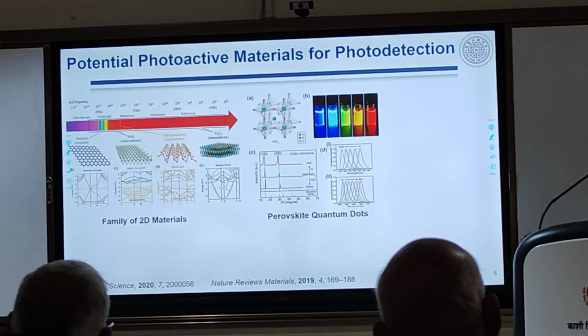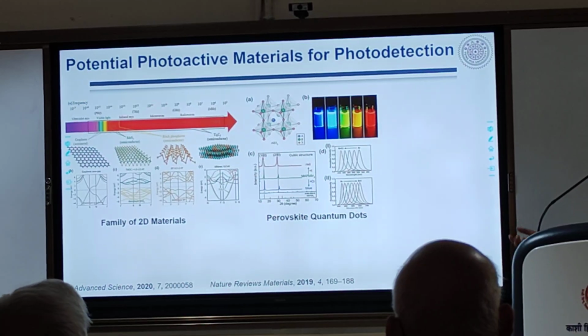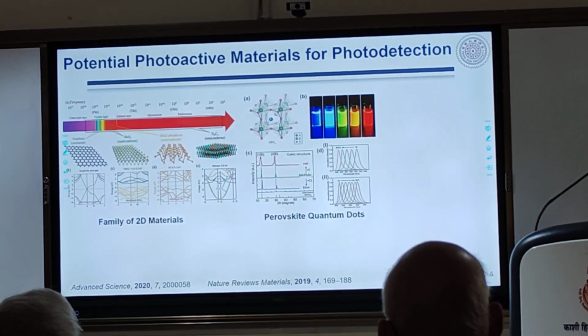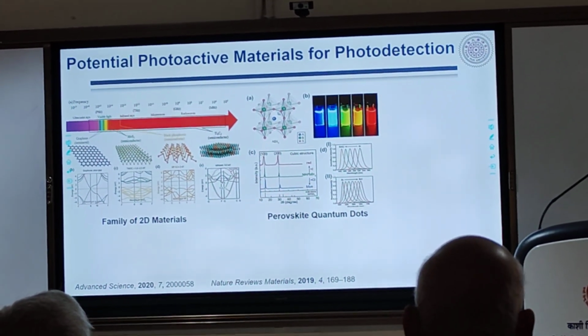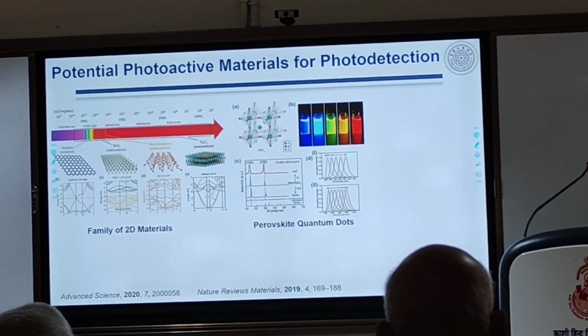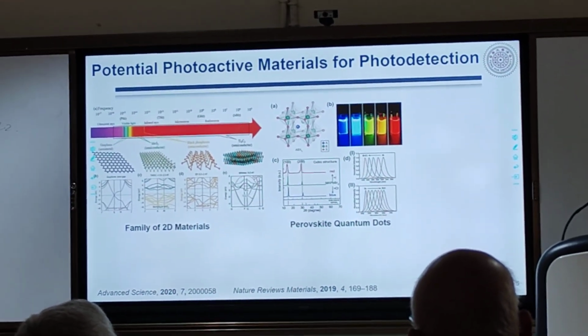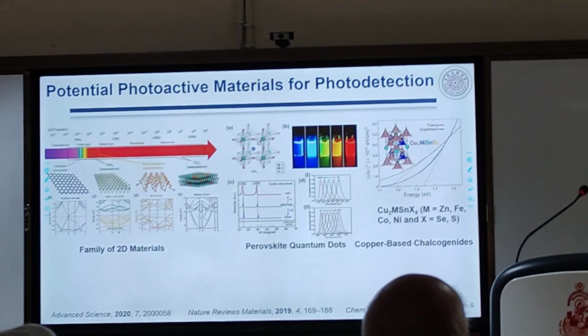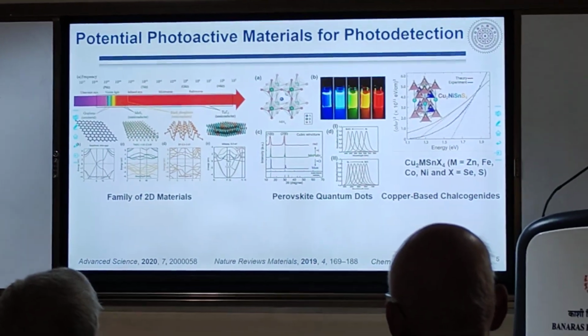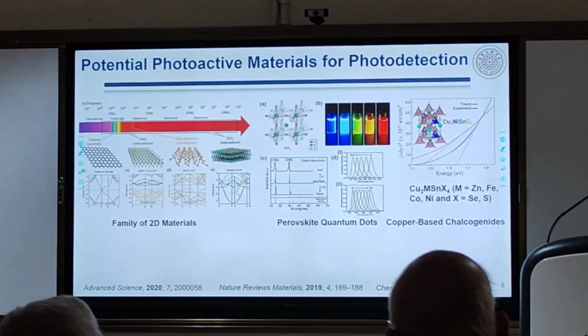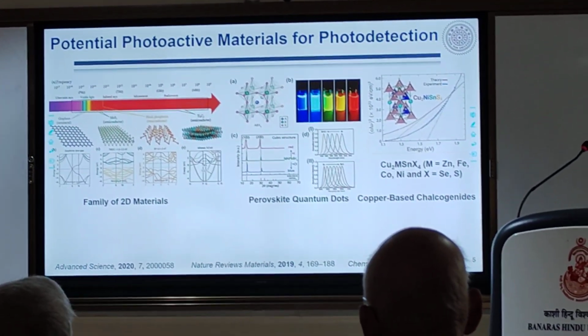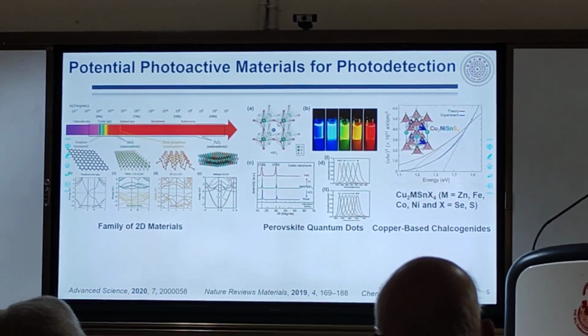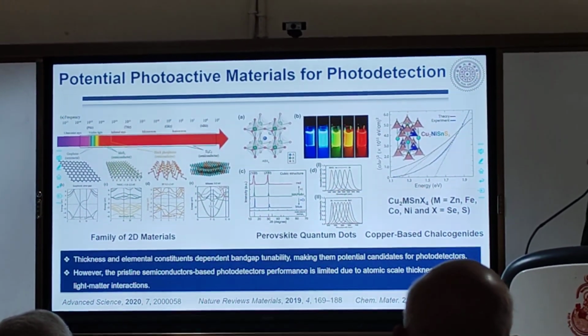Next, perovskite and quantum dots. These are also very photoactive materials which can generate excitons, and are used for optoelectronic devices like solar cells, photodetectors, and also LEDs. Another material is earth abundant materials like copper based chalcogenides. These are also photoactive materials and very stable in the environment.